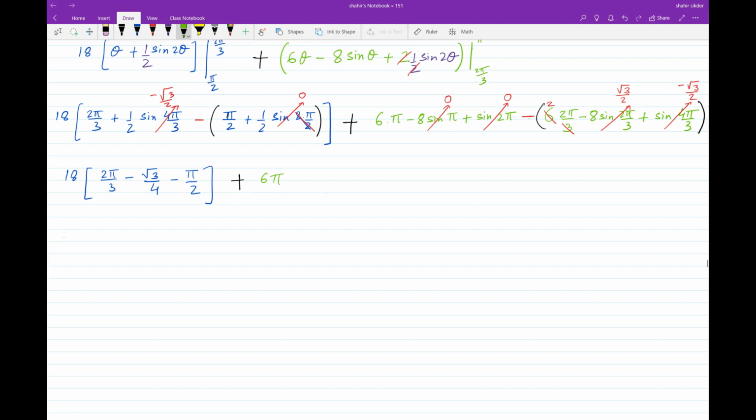If I distribute the negative, 2 times 2 is 4, so I would have negative 4 pi. And if I distribute this negative here, I would have a positive 8 root 3 over 2. We will simplify it on the next step, as you can see already. This negative with this negative is a positive, and you would have root 3 over 2.